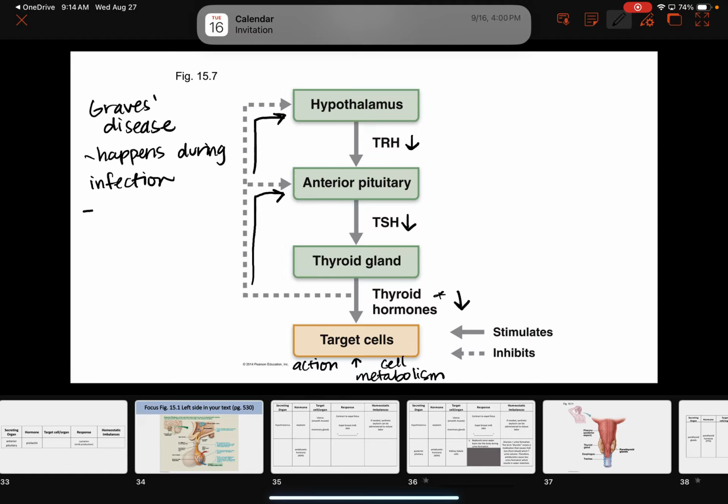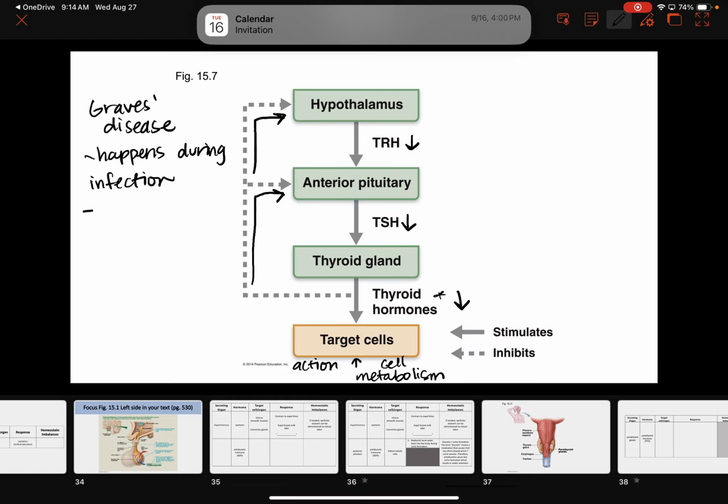What happens with Graves' disease is that after getting an infection, the immune system makes TSH-like antibodies.